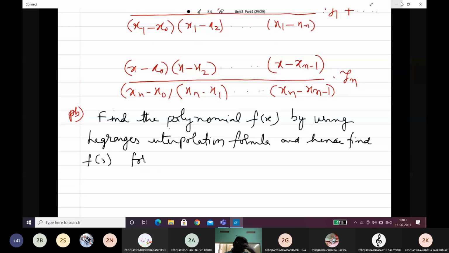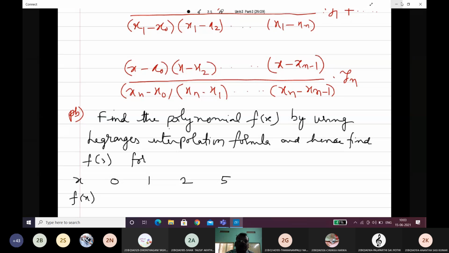Note down the data. X and corresponding values f of x, or y. The x values are 0, 1, 2, 5. That means we have to observe here, not 0, 1, 2, 3 like that.